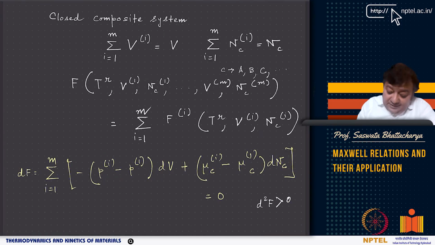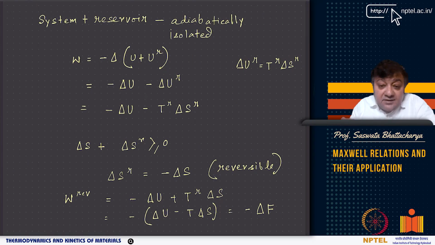If you now look at dF, the exact differential of F, then dF has to be equal to 0 for an extremum, and d2F has to be greater than 0 for this extremum to be a minimum. Now another very interesting thing follows: system plus reservoir.